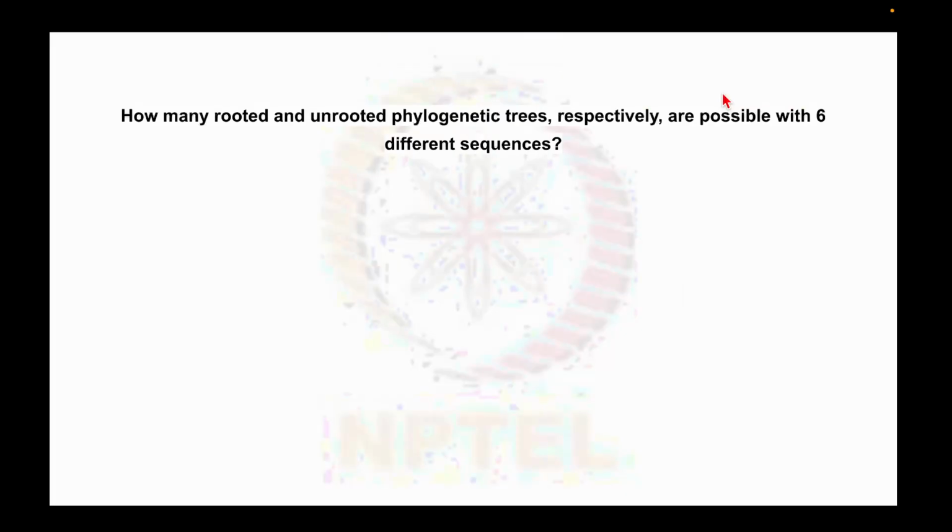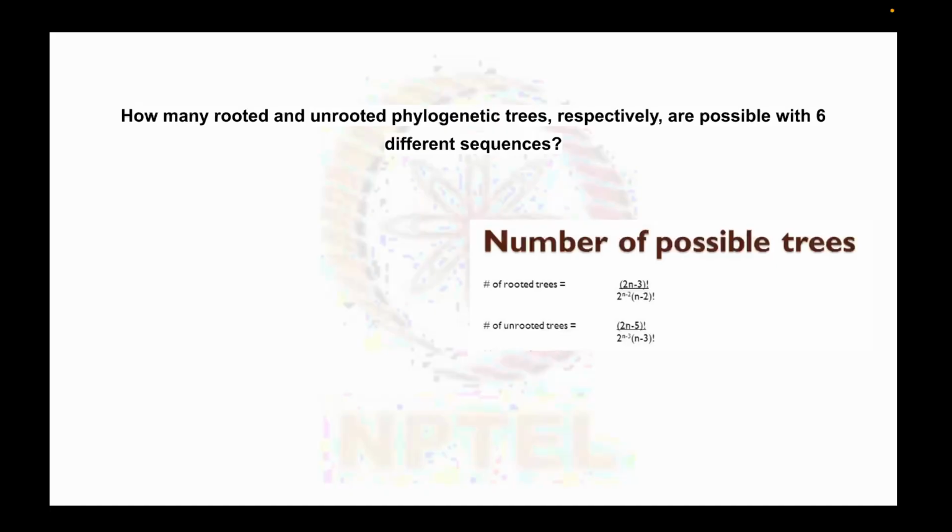So for practice purposes, I've given: find the number of rooted and unrooted phylogenetic trees that are possible using 6 different sequences. We have done this already, so this is for extra practice again.